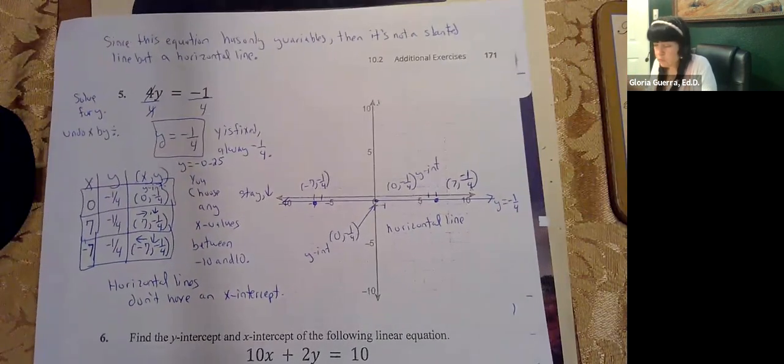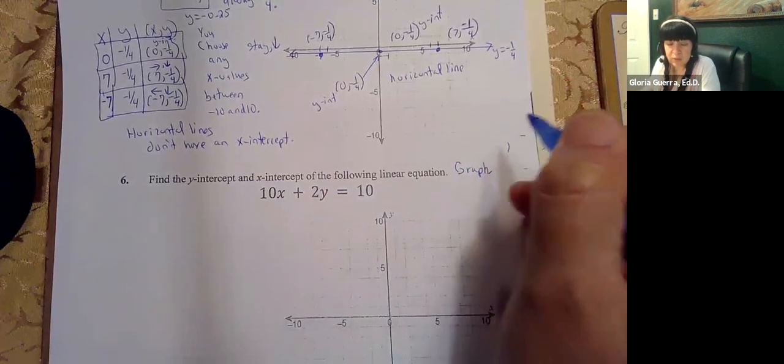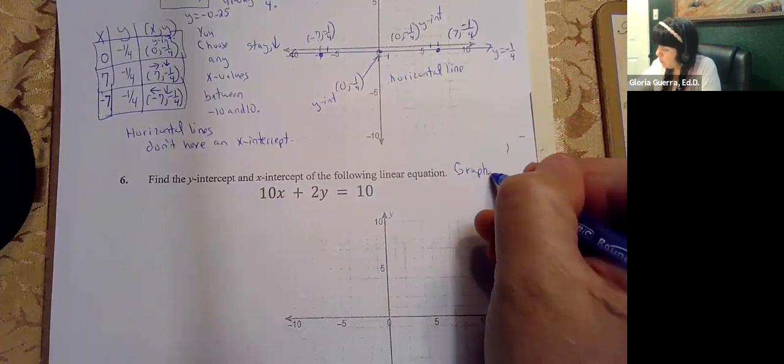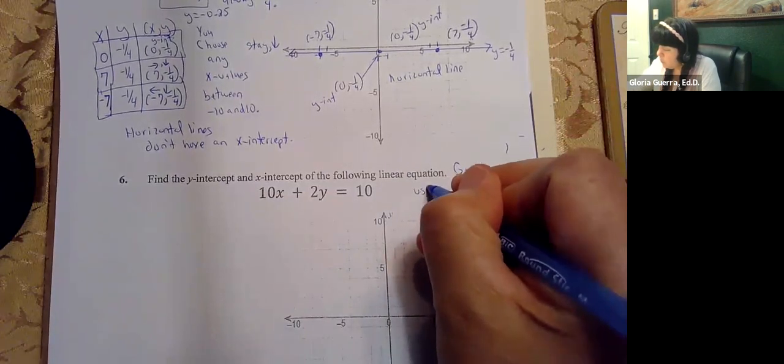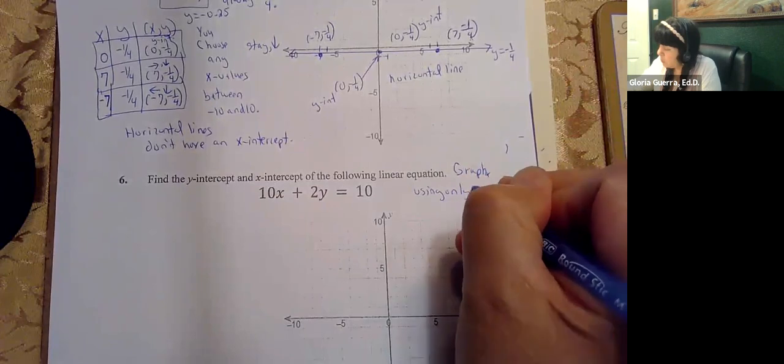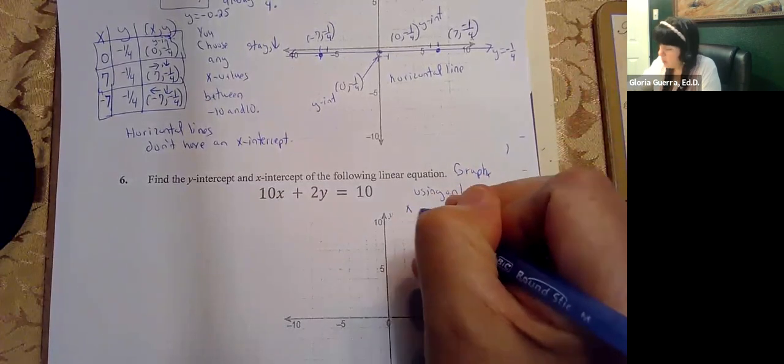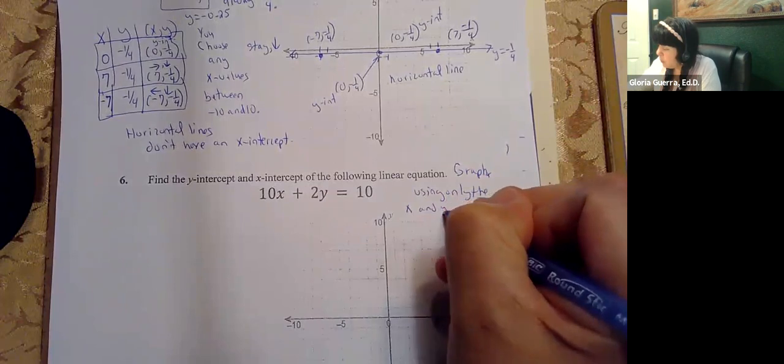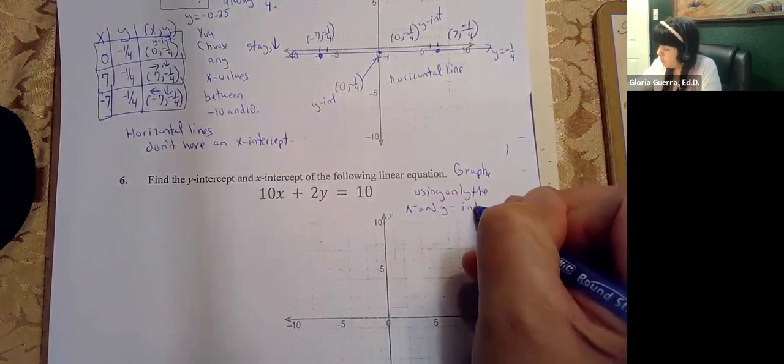Okay, and then let's go back to, remember we're talking about intercepts. In math, there's 2 intercepts. So then the last thing we want to do is find the y-intercept and x-intercept of this graph, and then we're going to graph using only the x and the y intercepts.